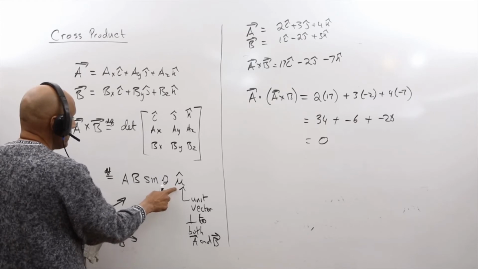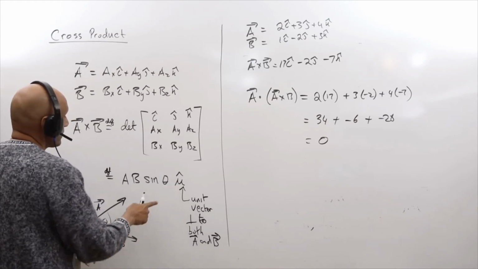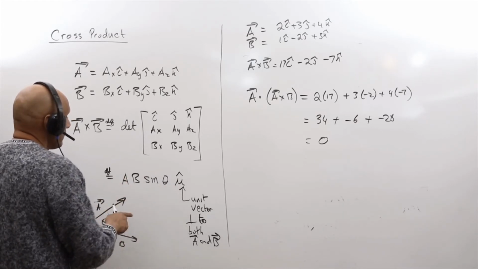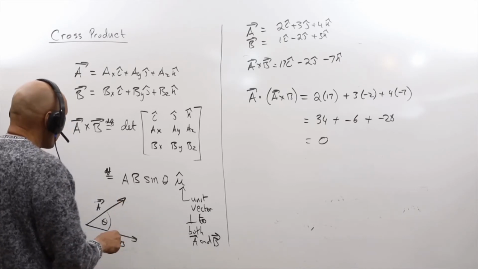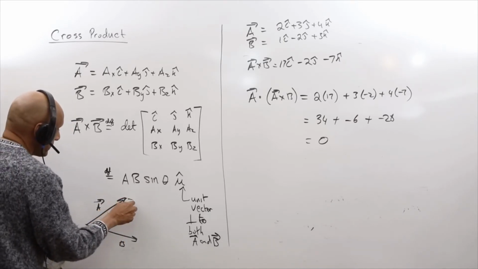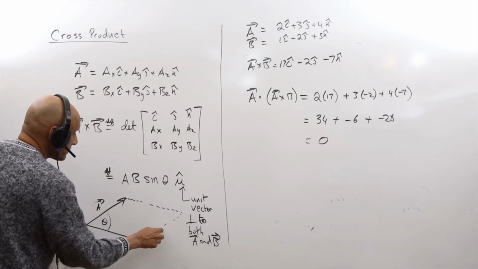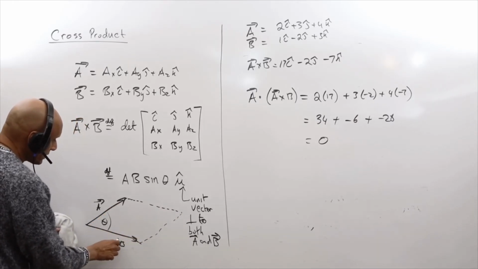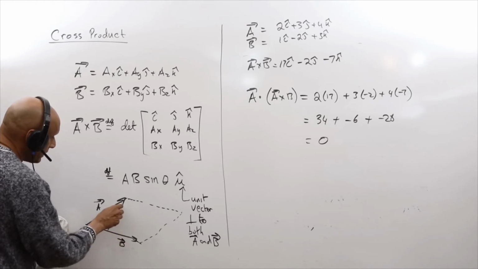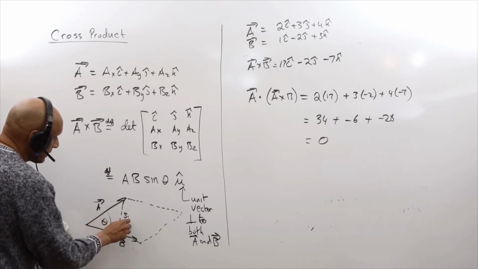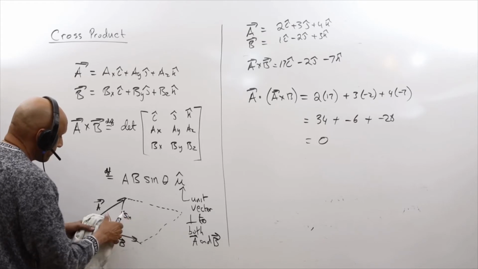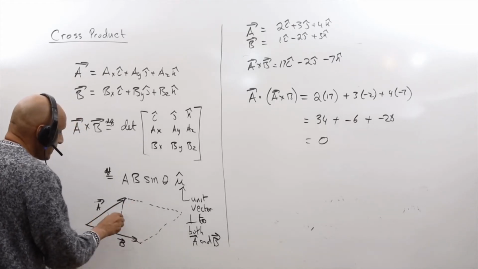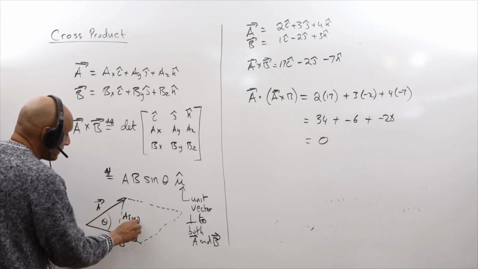So A is perpendicular to A cross B. Whatever this answer is, it is a unit vector u that's perpendicular, with some magnitude, AB sine theta. Now, what is this AB sine theta? If this is the B vector, the base is B, and if this is A, the height is A sine theta.